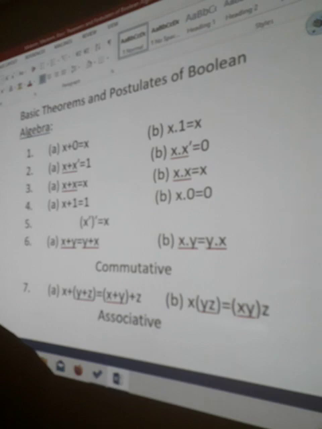Number 7, x + (y + z) = (x + y) + z. It is the associative property. So the order of the variables can be changed, so it does not matter. B part, x(yz) = (xy)z.